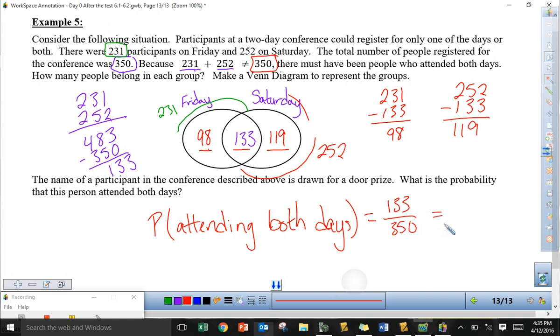Okay, last thing, reduce that. So we're looking at 19 over 50 for our probability that the person who got the door prize went to the conference both days.